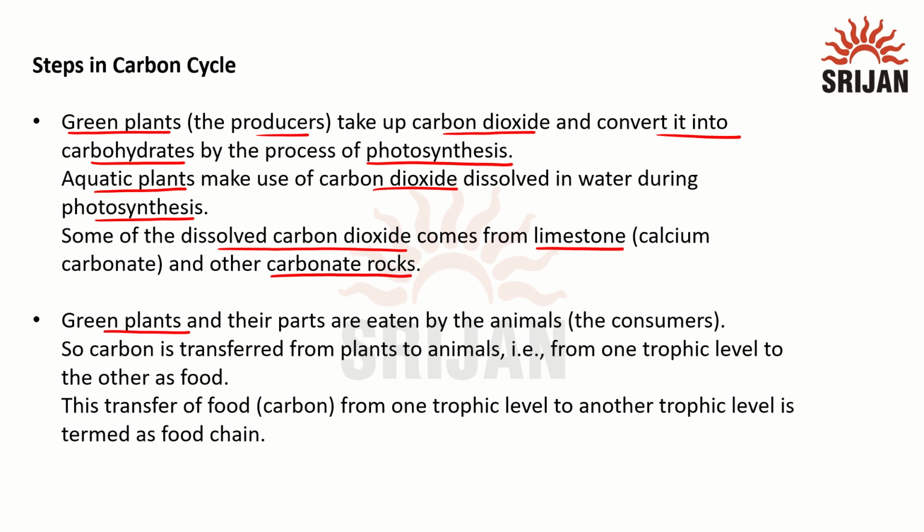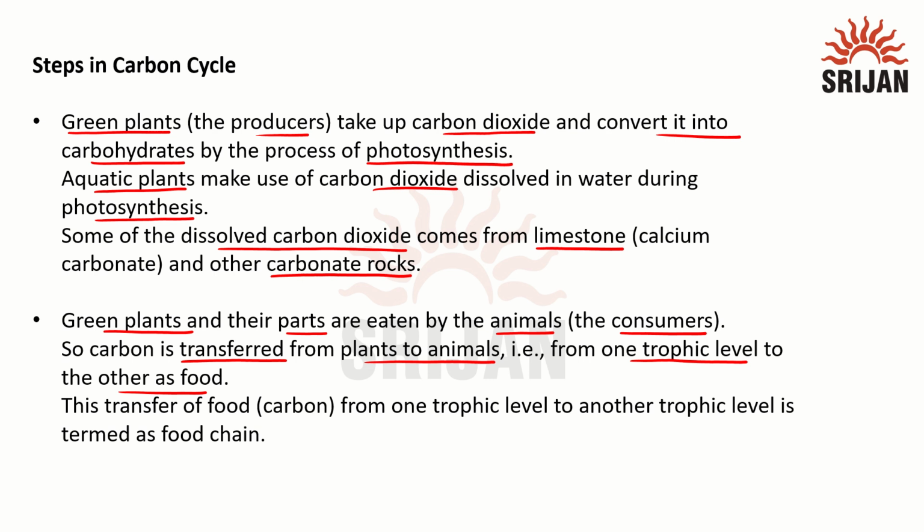Now these green plants and their parts are eaten by animals, that is consumers. It could be a primary consumer or a secondary consumer, omnivores, etc. So carbon is transferred from plants to animals, from one trophic level to another, as food.